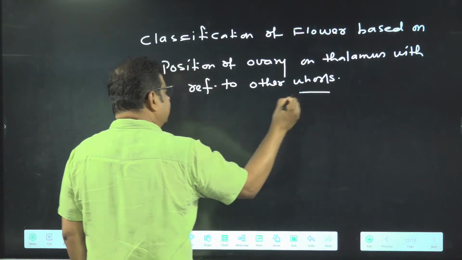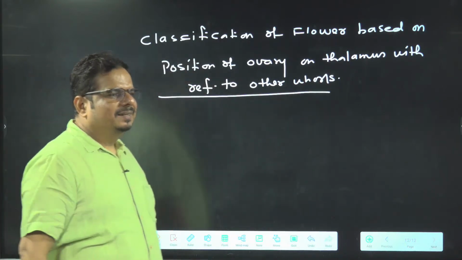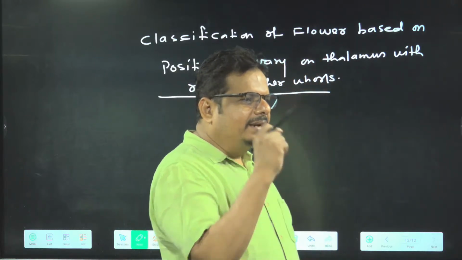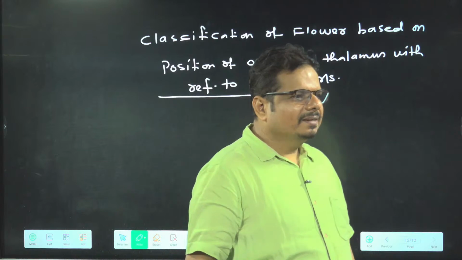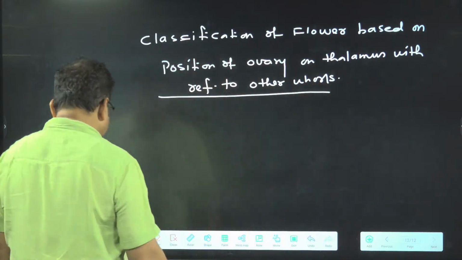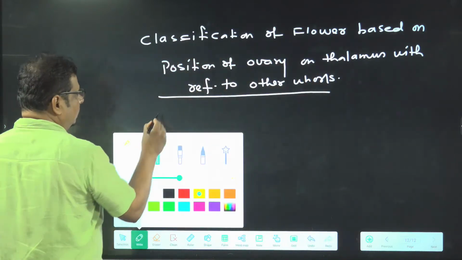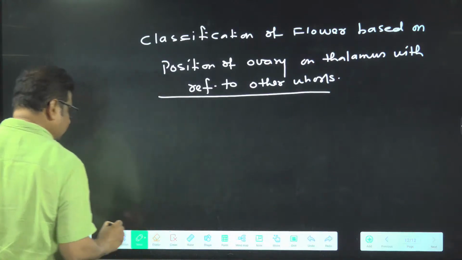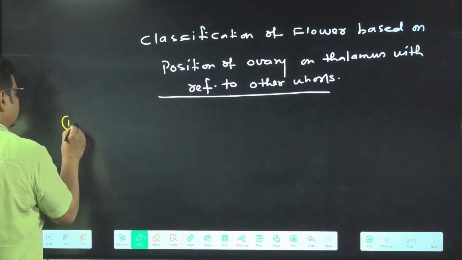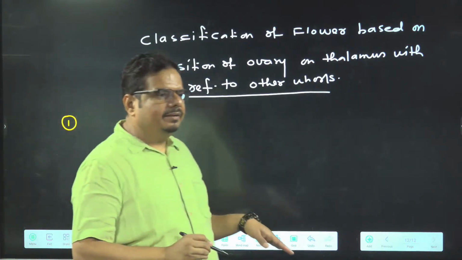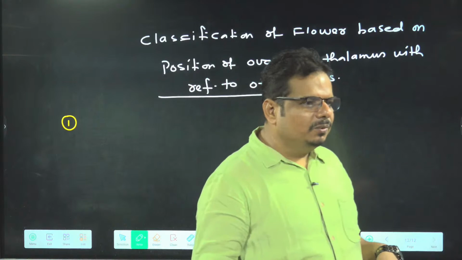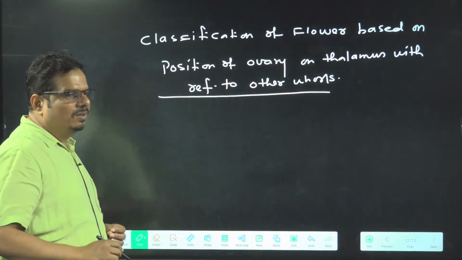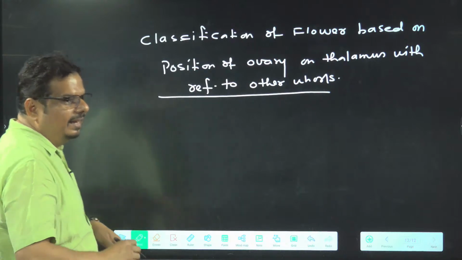Position is always a referential term. So you can say the position of any one with reference to others. Right? There are three types of flowers. How many types of flowers are there? Three types of flowers. And it is very important. You don't deserve to make a mistake here, otherwise you will come into problems. This is a question-asking area in NEET.